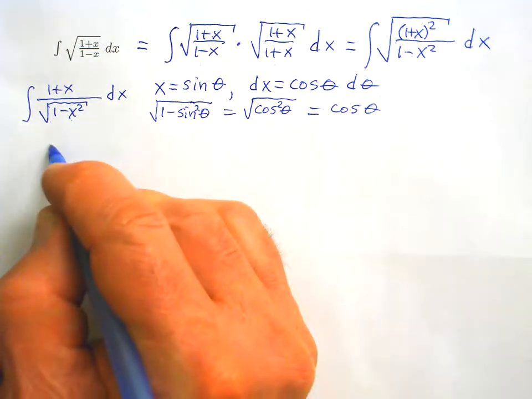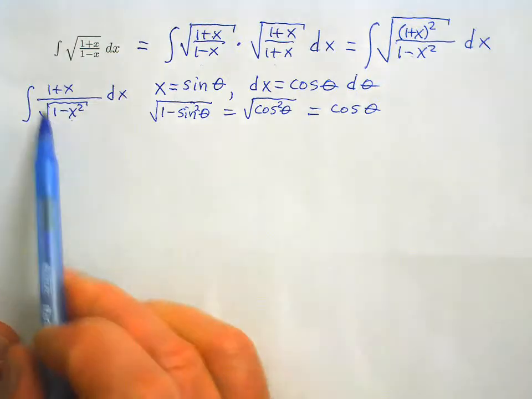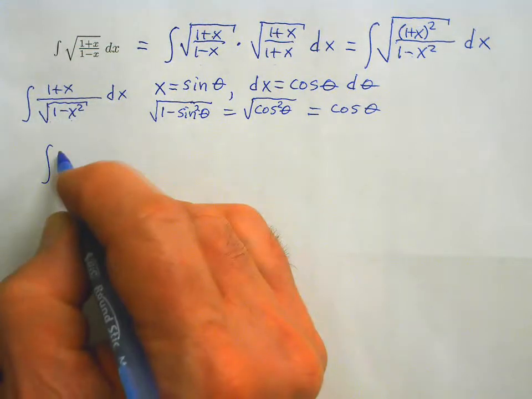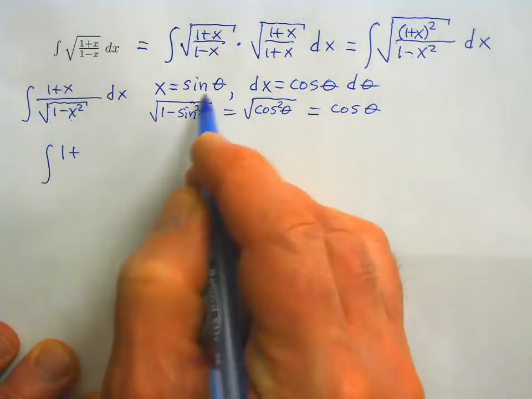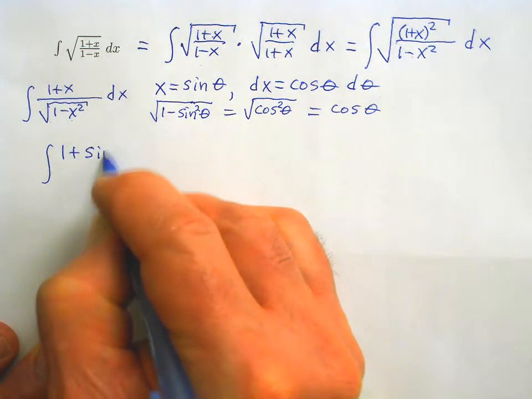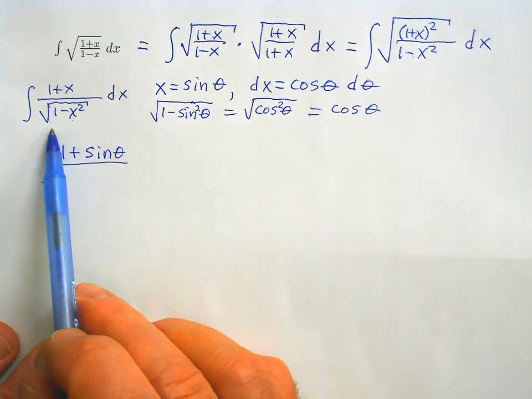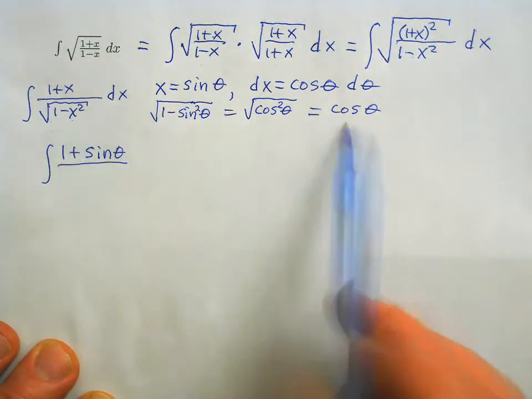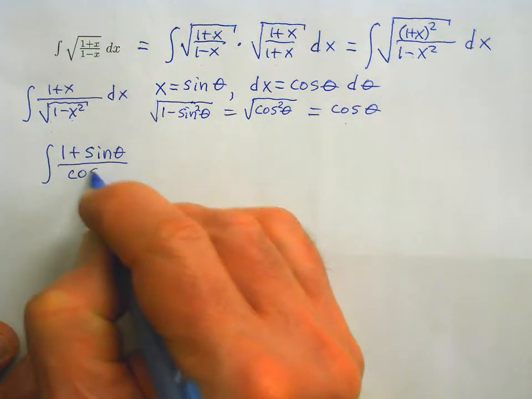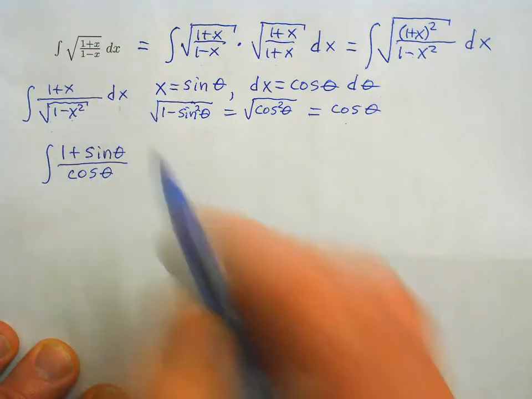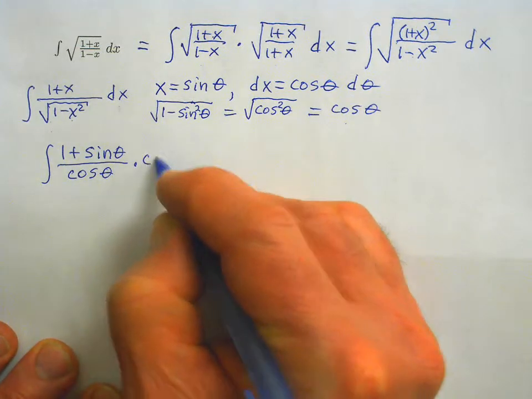Okay, so we make all these substitutions. In the numerator, we replace 1 plus x with 1 plus sine of theta. In the denominator, replace the square root of 1 minus x squared with cosine theta. And then dx is cosine of theta d theta.